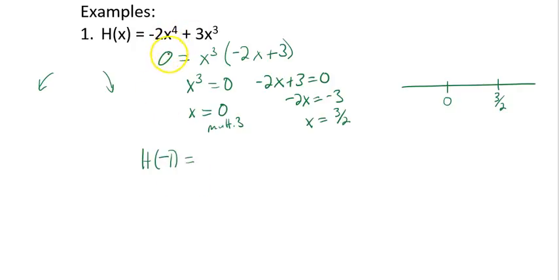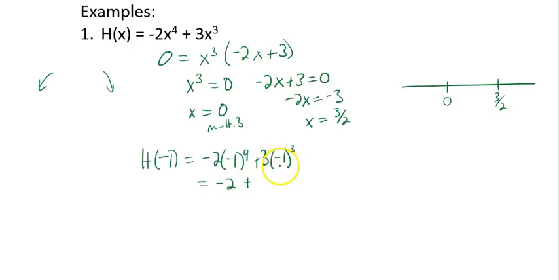If I plug in negative 1, I get negative 2 times negative 1 to the 4th plus 3 times negative 1 cubed. And negative 1 to the 4th will be a positive, so I end up with a positive 1 times a negative 2.